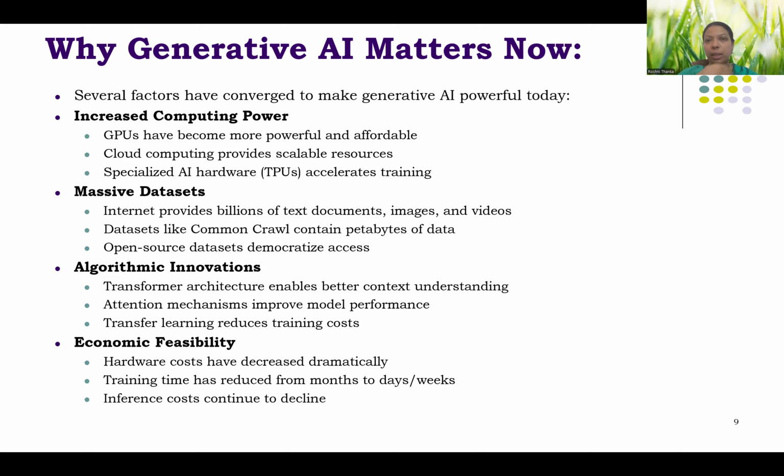Earlier, because of the computational problem, it would take days together, but now, because of good computational facilities, everything can be done very quickly. So all of this made a way for generative AI.